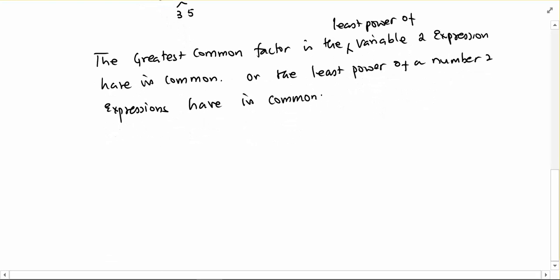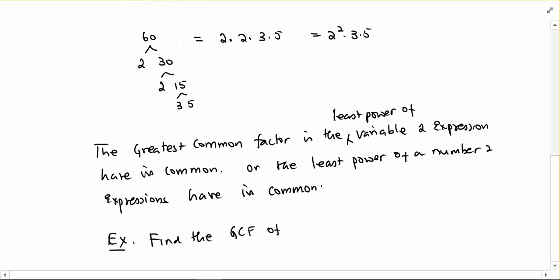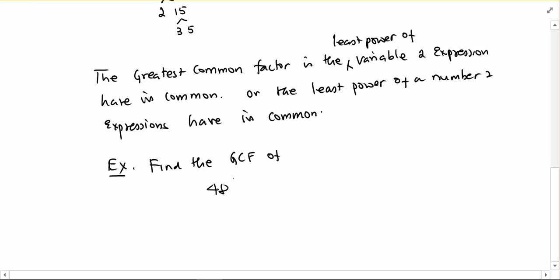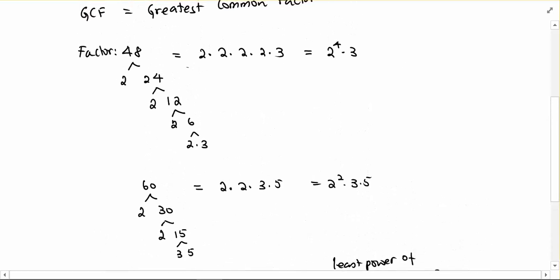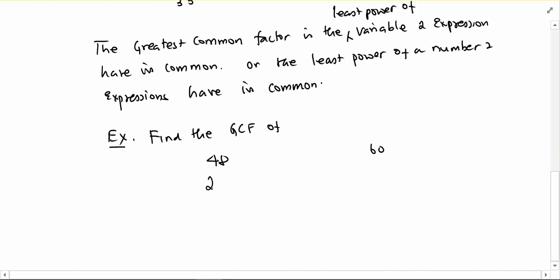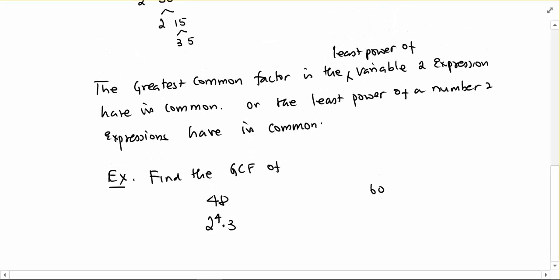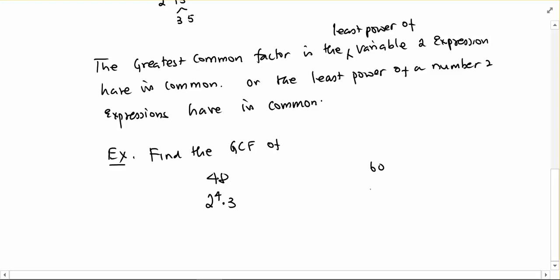Okay, so for example, find the GCF of 48 and 60. Now, we found 48 to be 2 to the 4th times 3, and we found 60 to be 2 to the 2nd times 3 times 5.